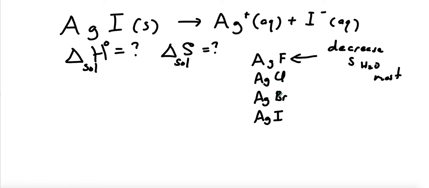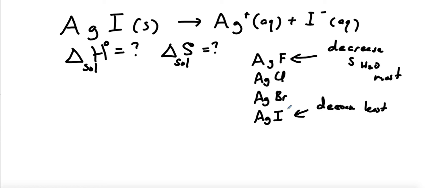Well, that small fluoride ion is going to get closer to the water than the big iodide ion. And so, though we can't predict the sign of delta S of solution, we can say that the least favorable delta S of solution is going to be the silver fluoride because it's just decreasing the entropy of the water the most, and the most favorable would be silver iodide.